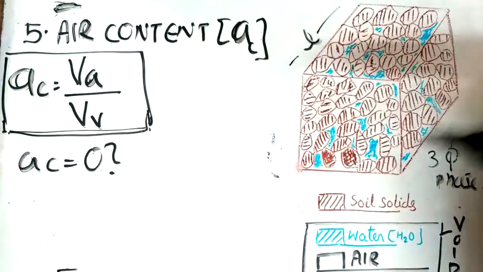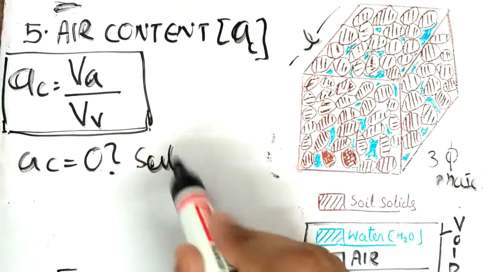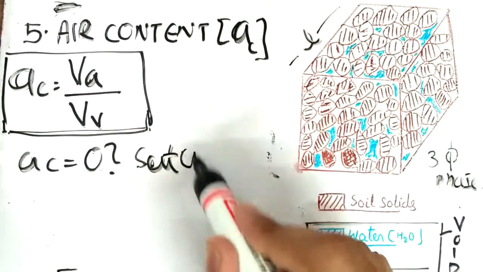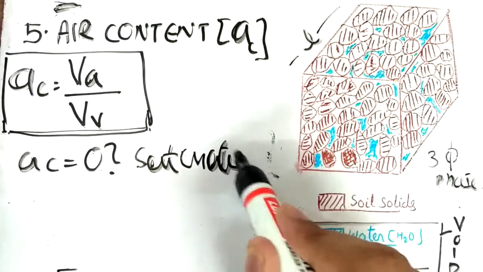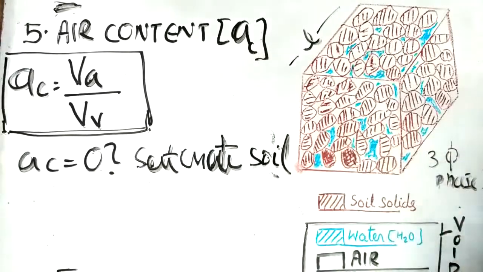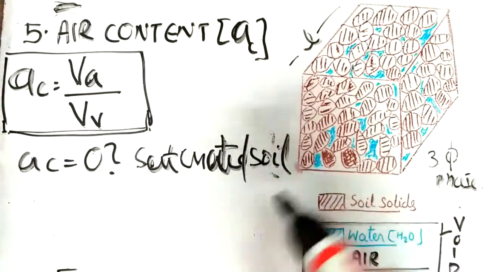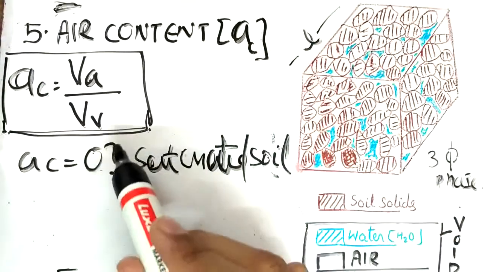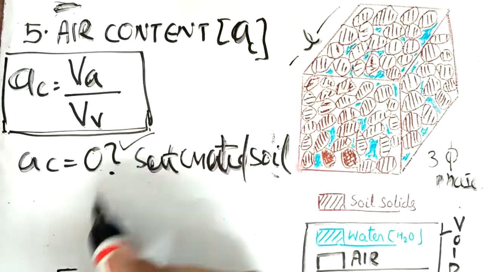Yes, in case of saturated soils, that is, if my soil is completely filled with water, or only water is a constituent in its voids. So yes, this case is possible, AC can be equal to 0.